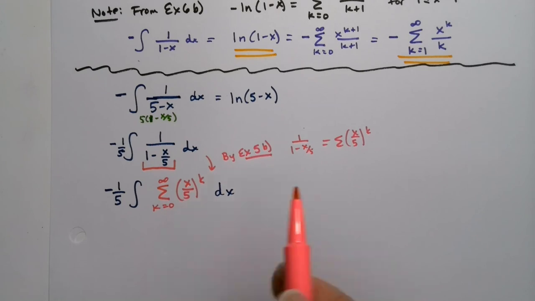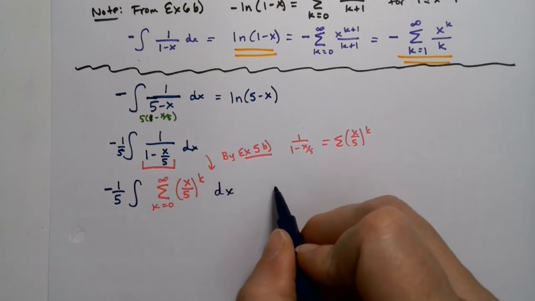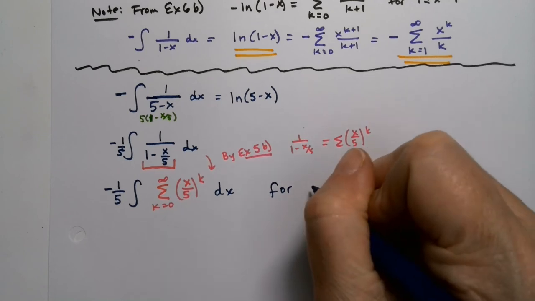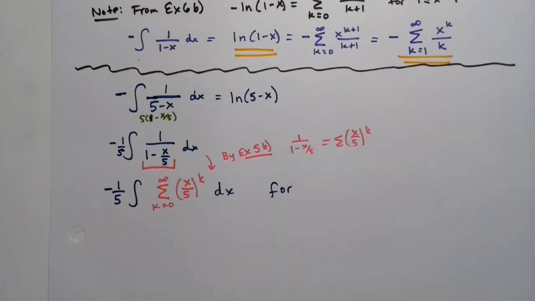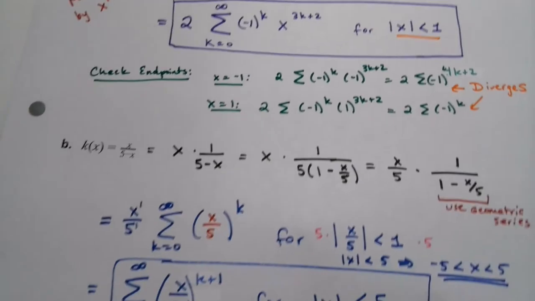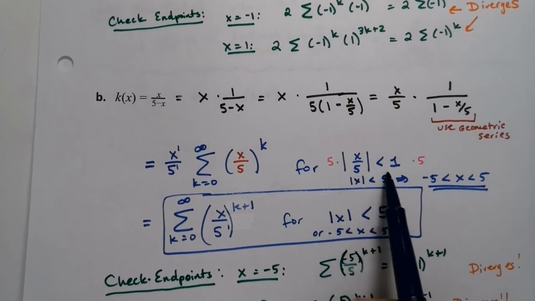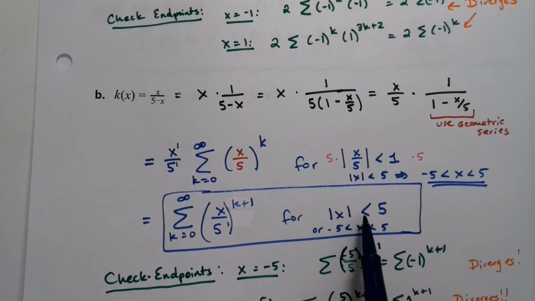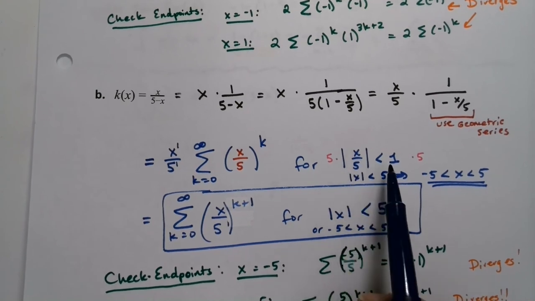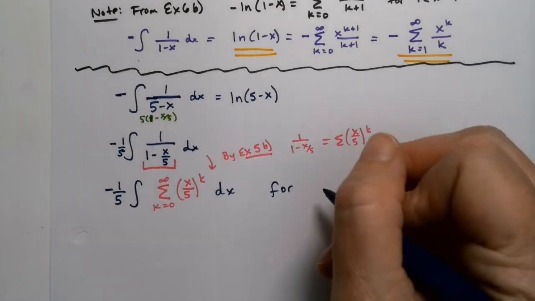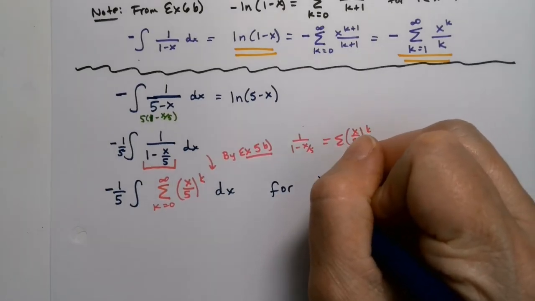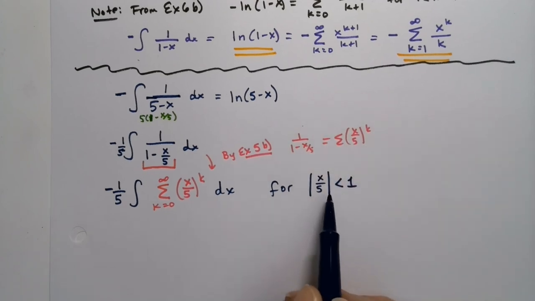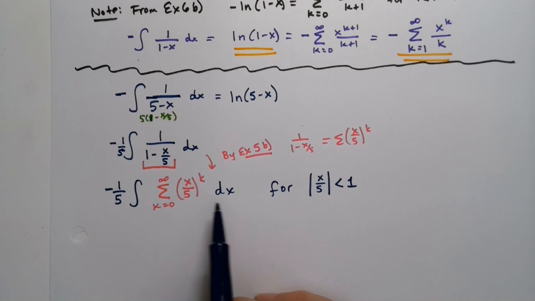And keep in mind also, now my interval of convergence has changed. So the interval of convergence has to match the one that was for that particular problem, right? So it has to be for absolute value of x less than 5 now, because it's for x over 5 less than 1, right? This interval of convergence is going to take over because it's nested inside of this integral.